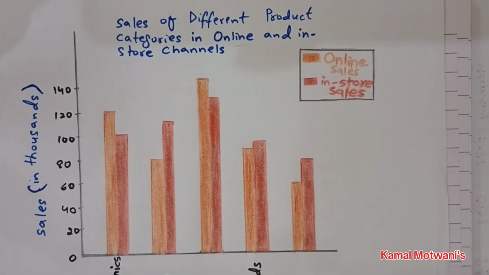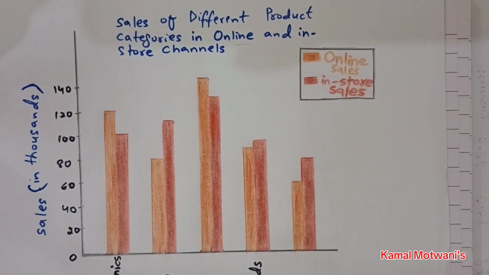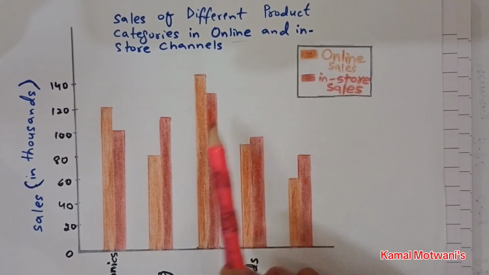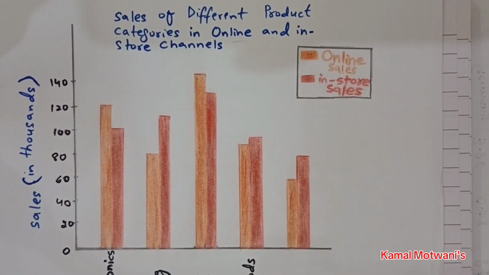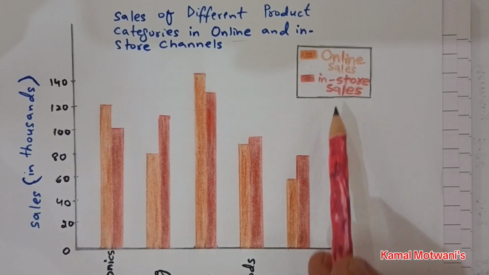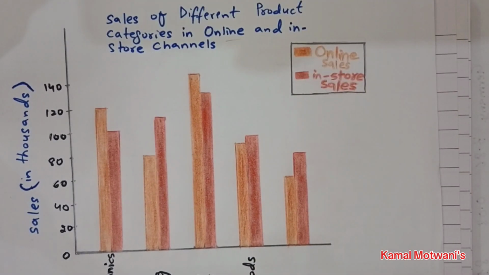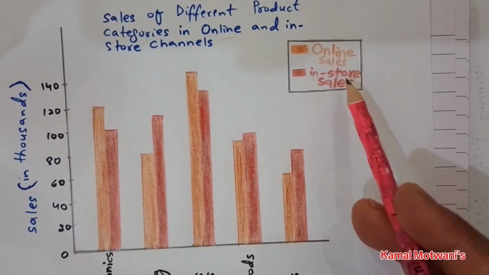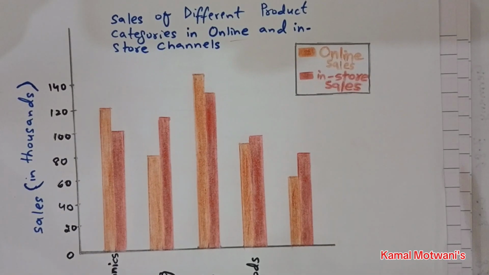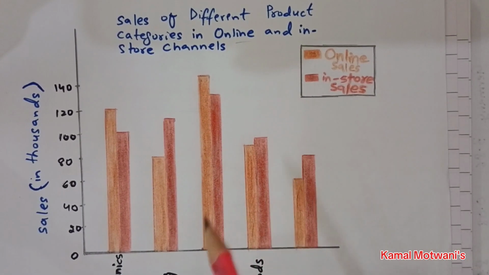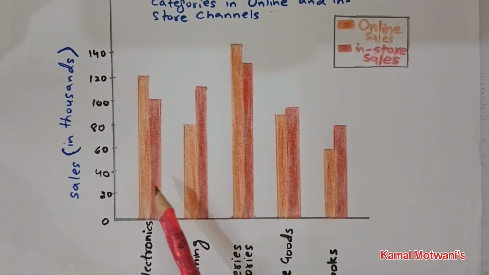No other category is higher than grocery. We can say that be it online or in-store sales, grocery has the highest sales in both. Okay, then we have a long orange bar pertaining to online sales in electronics.